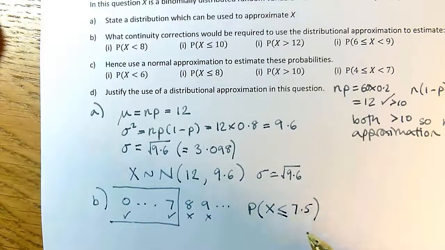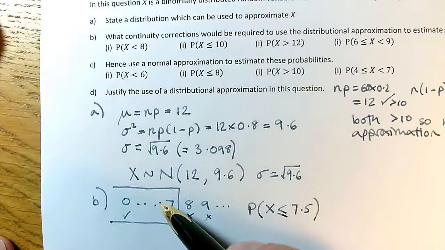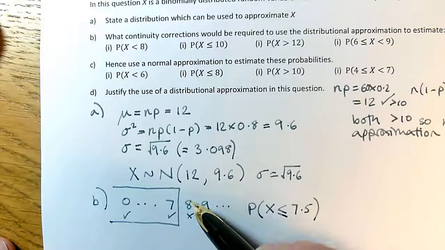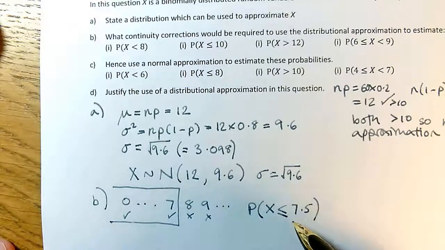Now we're on a normal, which is continuous. The probability of equalling 7.5 doesn't matter. While we're on the binomial, being up to 7 is very different from being up to and including 8. The 7 and the 8 have a definite probability. But when we go to the normal and we're on the 0.5s, it doesn't matter whether we say less than or equal to, or less than.